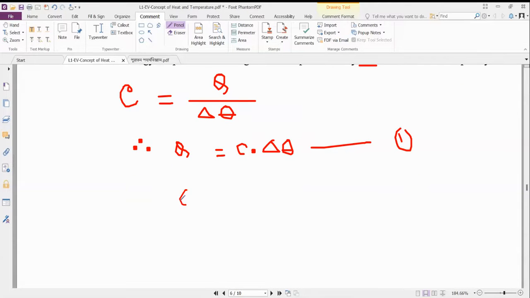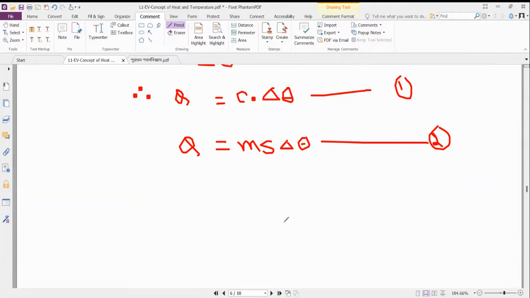Already we know that Q equals m s del theta. That's number two. So by comparing equations 1 and 2, we can write that C del theta equals m s del theta.